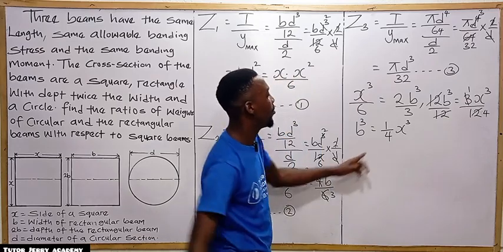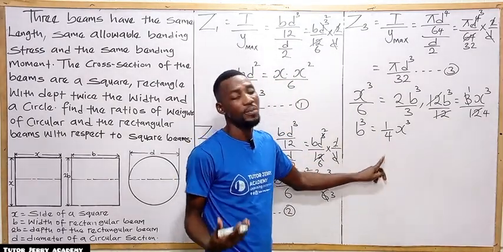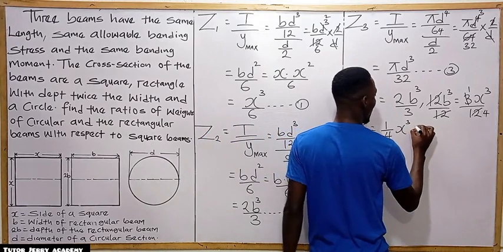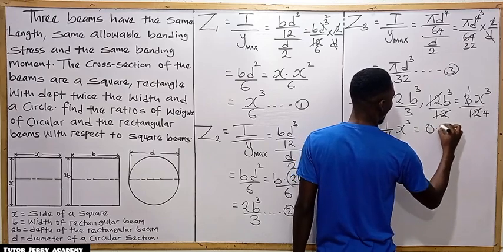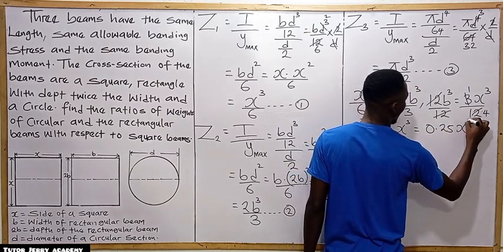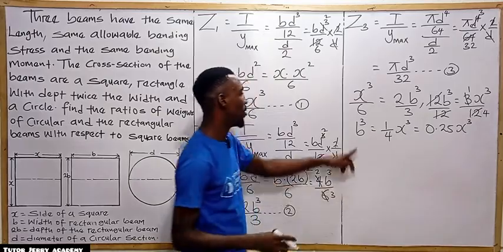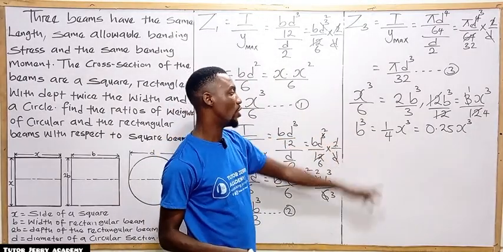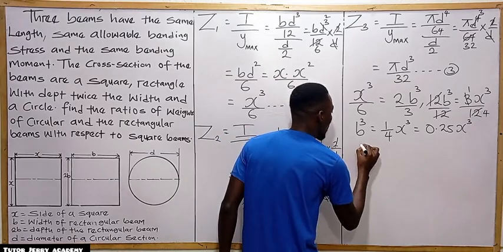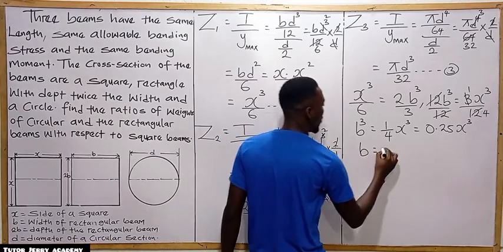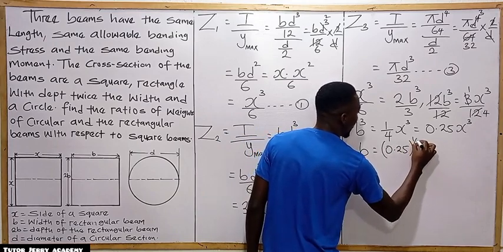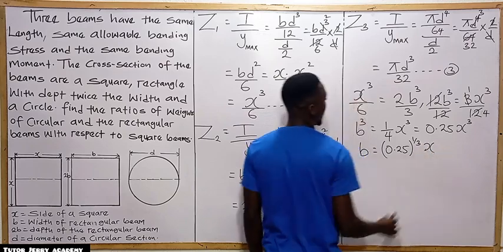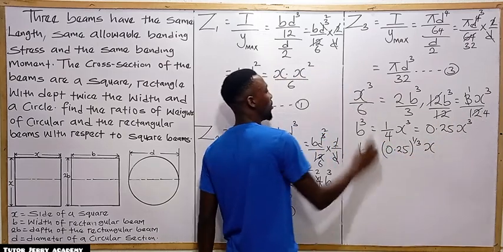All right, and then we know that 1 divided by 4 is 0.25. So this is going to be equal to 0.25 s cubed. For us to get the value of b now, we are going to take the cube root of both sides. So b will be equal to 0.25 all to the power of 1 over 3, then s, because this one is having cube, so it's also having cube.